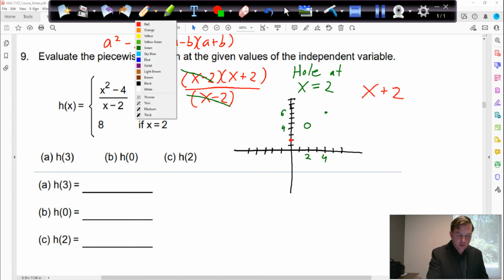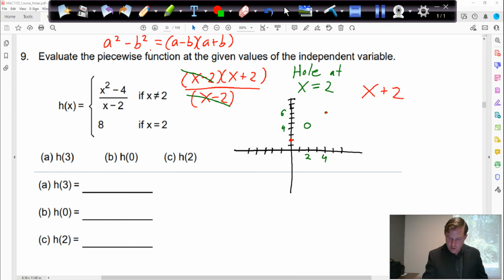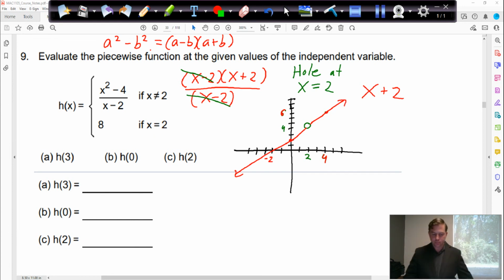So this is really a red line. It should have been red here. This is really just a line that goes through these points. In fact, it will hit at minus 2 down here, so it's also going to go through here like that, and it's going to go off to infinity left and right.